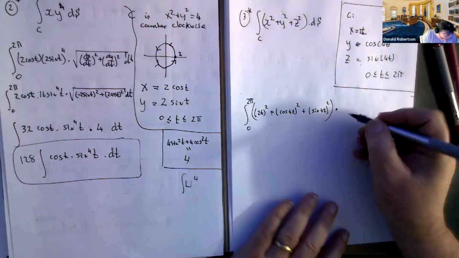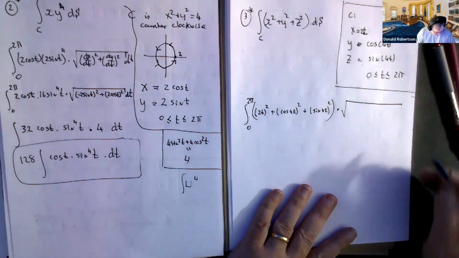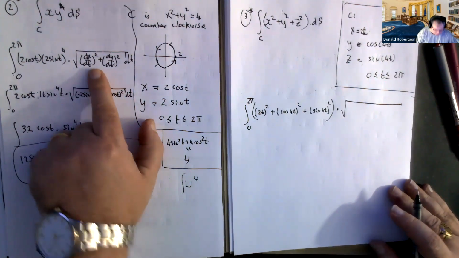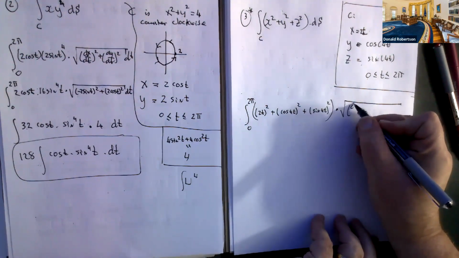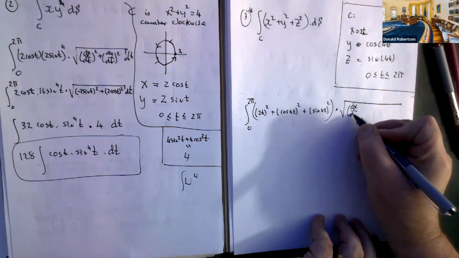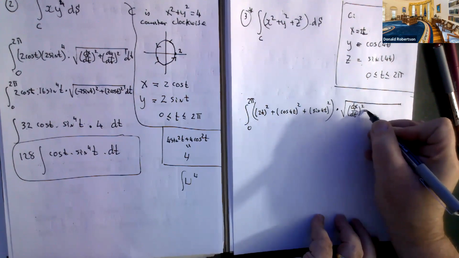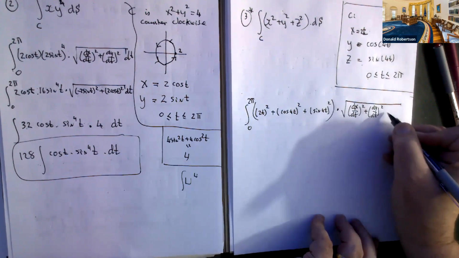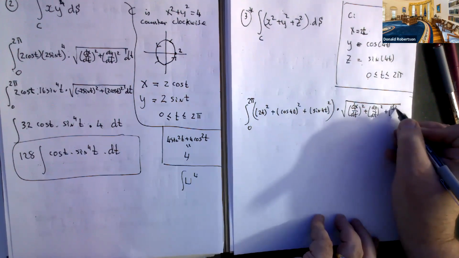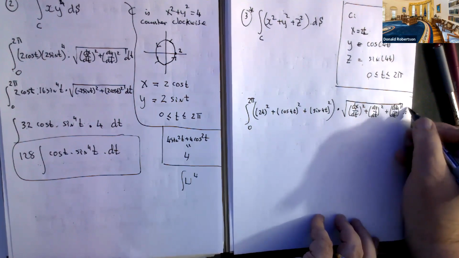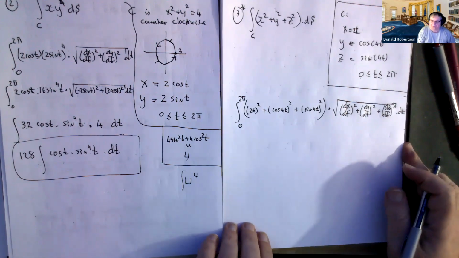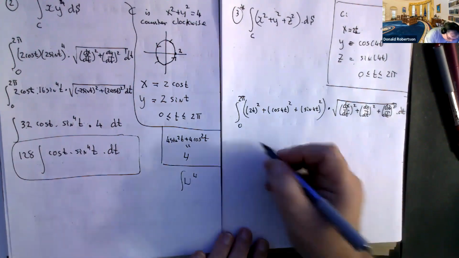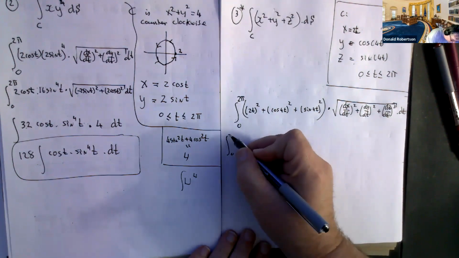Times the square root. And we expand this square root formula to now be dx by dt squared plus dy by dt squared plus dz by dt squared. Obviously, integrate with the dt. So it's 0 to 2 pi.